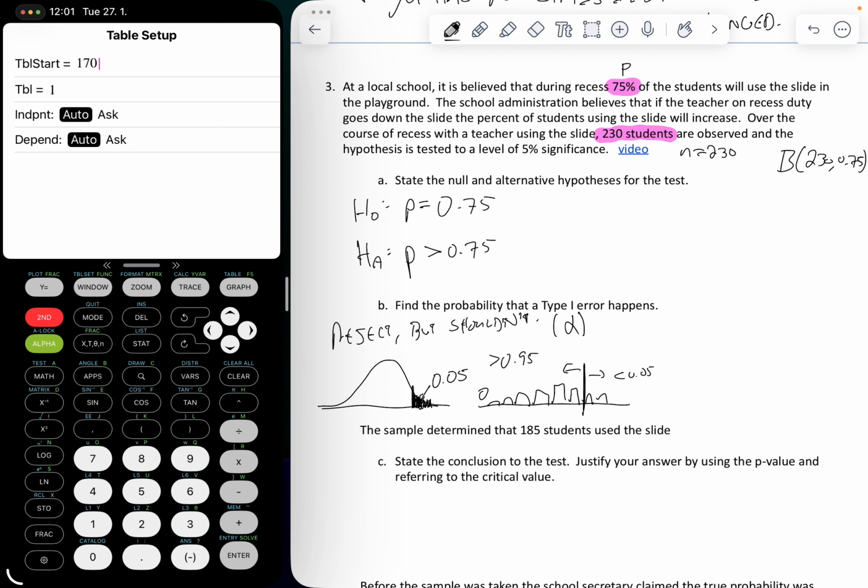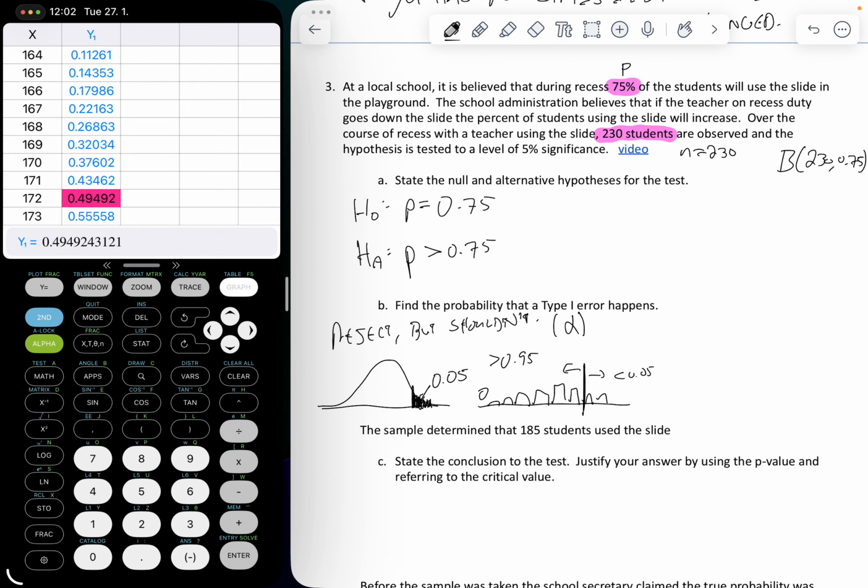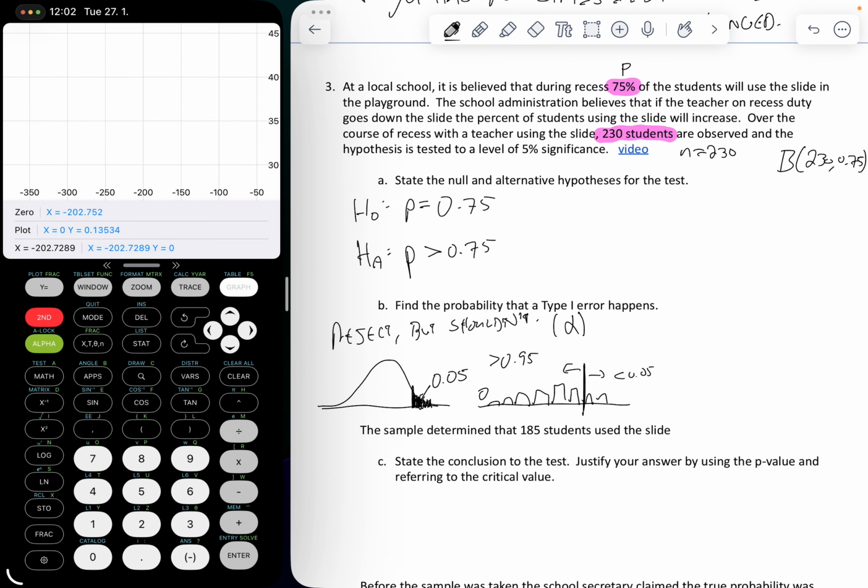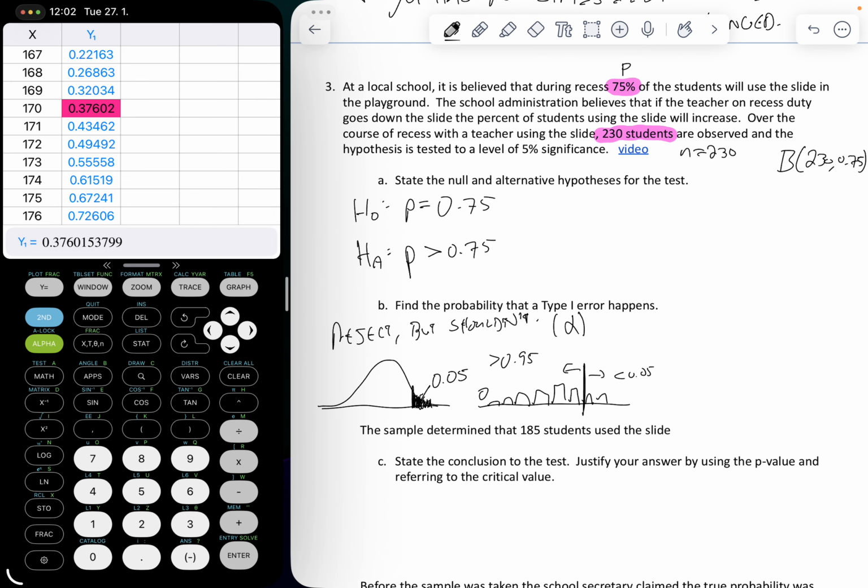So if I go to my table, we see here that we're getting pretty close to half. There's about a 50% chance that up to 173 kids use it, and it's going up, up, up. We're looking for the first value that's bigger than 95%, and there it is. So 183 is the first value that's bigger than 95%.